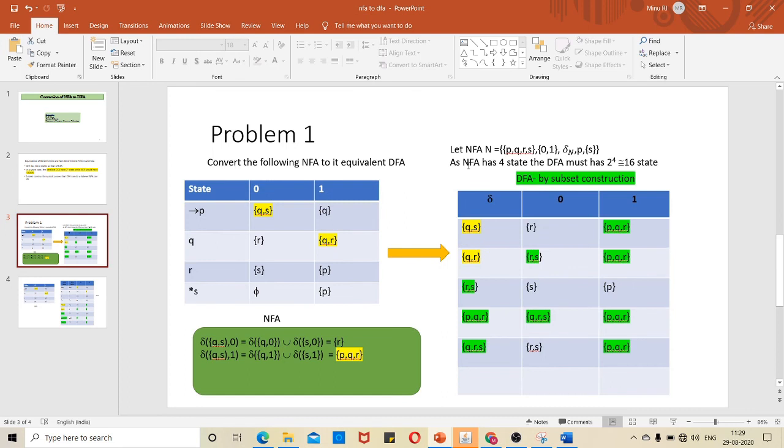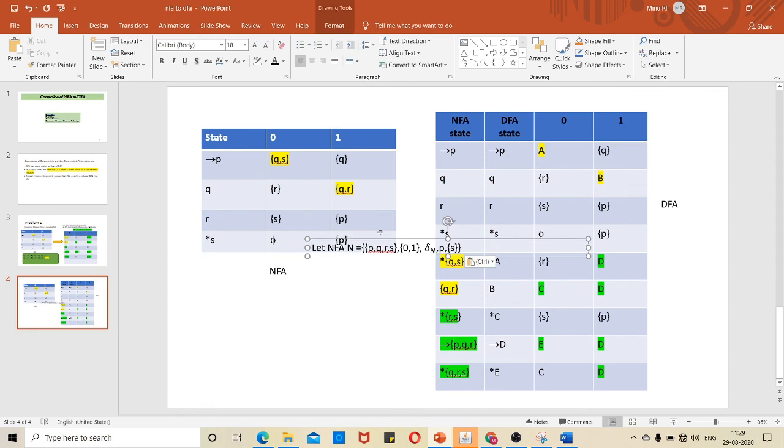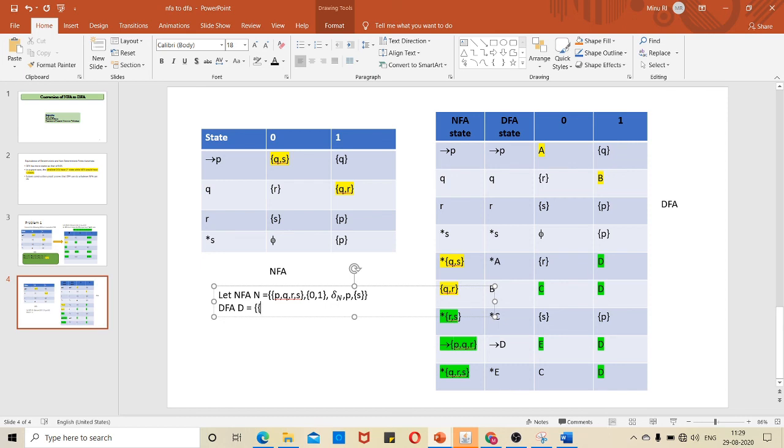So here this is with respect to my NFA, am I right? This is the equation with respect to NFA. Then my final DFA D will be equivalent to how many states I have?